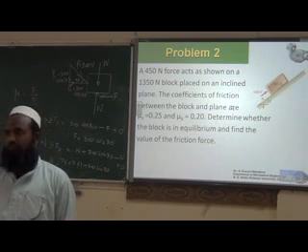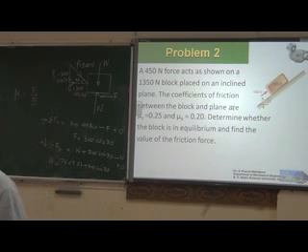Weight is 1350 Newton. You draw the free body diagram of the block. Follow the same procedure. Find out the normal force. Find out the frictional force.